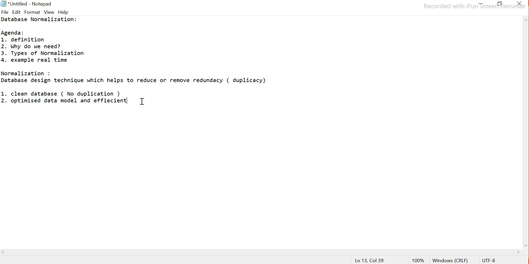Duplication. Okay, so these are the certain benefits, just to understand why we need it and when we need it. When the database is designed at the project level, or even if you are doing some sort of optimization of the database itself, later the database design may turn out to have been done wrongly, and you realize this is not what it is supposed to be.